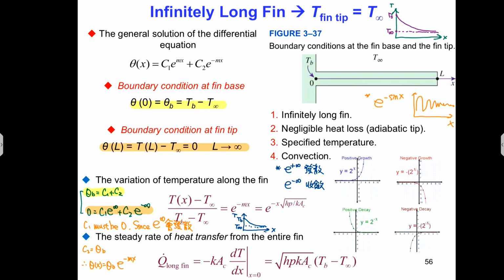And then we found that the normalized temperature function along the axis equals exponential of minus mx, an exponential decay function, and m equals a function of the fluid property h, the material property k, and also the shape.